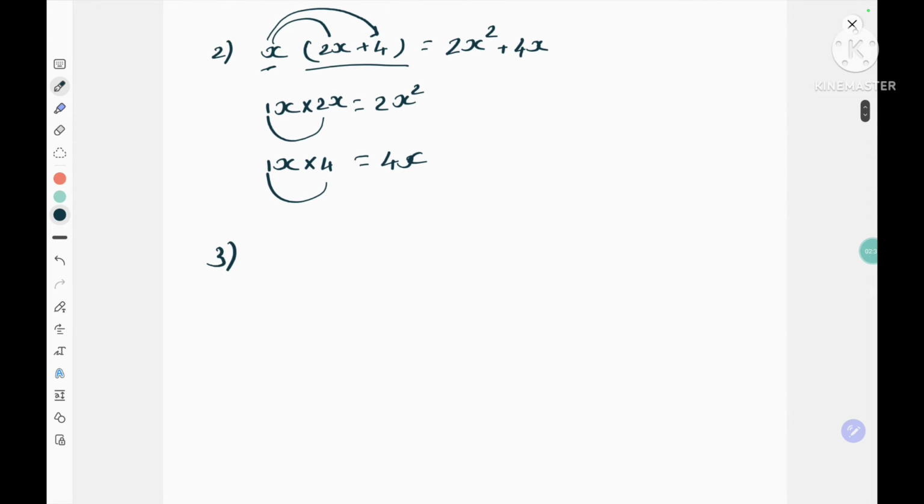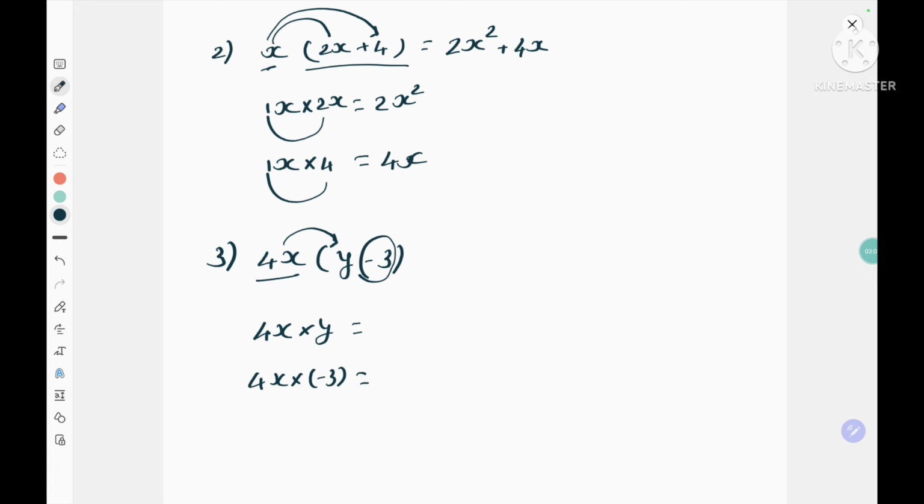Let's move to the third example. Here let's say 4x times y take away 3. So this 4x we have to multiply one by one with both terms inside the bracket. So 4x times y, and second, 4x times 3, but it is a minus 3, so we take this minus sign with the 3, okay.